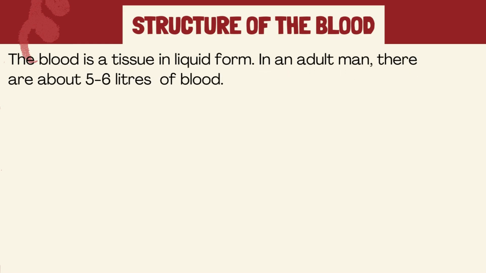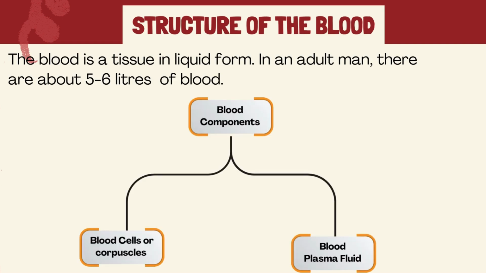Composition of the blood. The blood is a tissue in fluid form, and an adult man has about 5 to 6 liters of blood. Blood is made up of two major components, which include one, the blood cells or corpuscles, which are solid, and two, the plasma fluid.